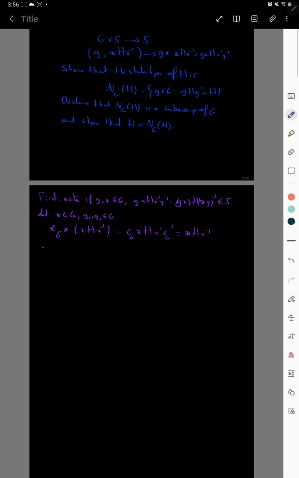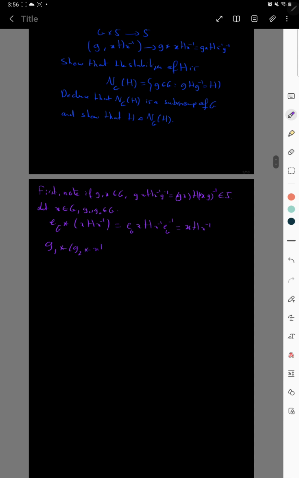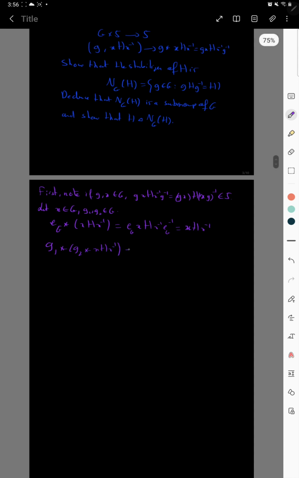Great. Now let g1, g2 be in G. What is g1 star (g2 star xHx inverse)?